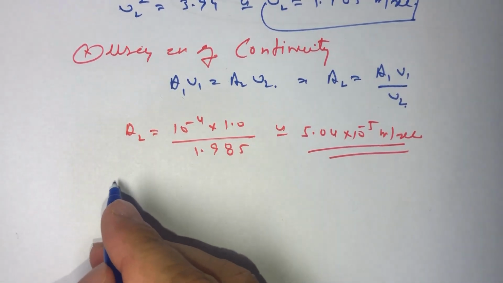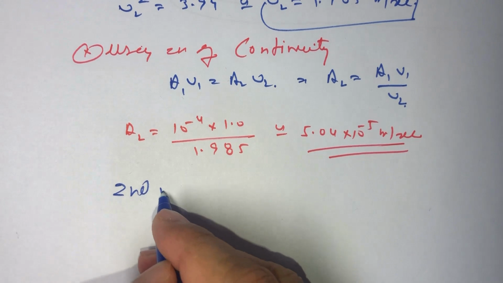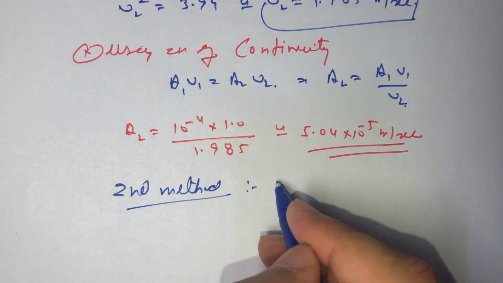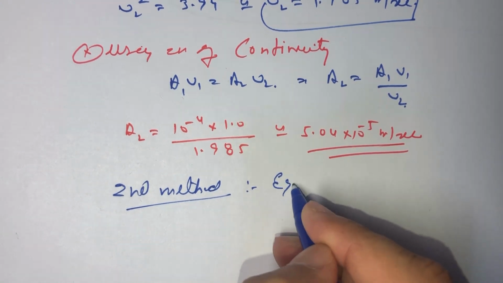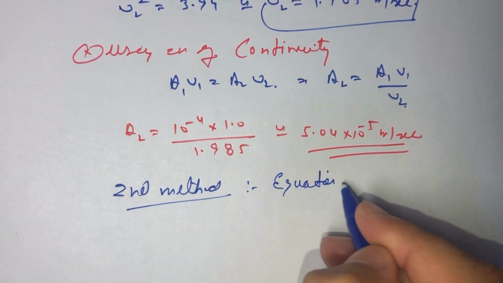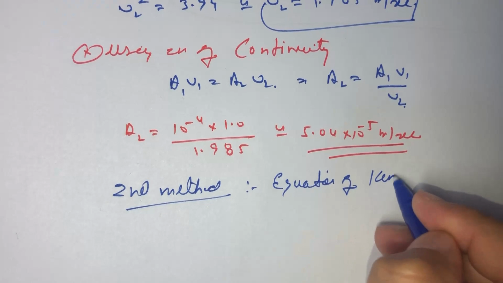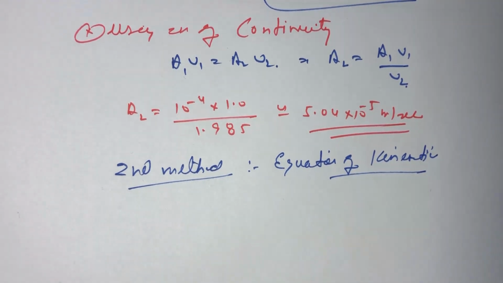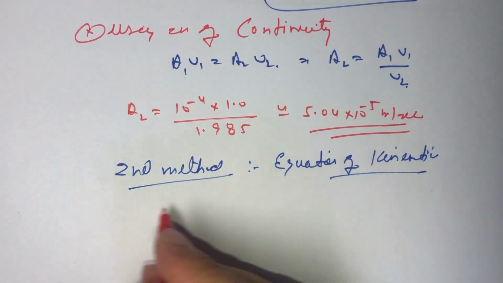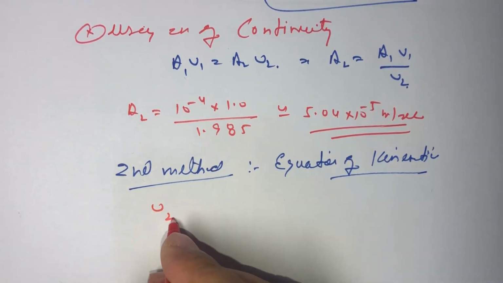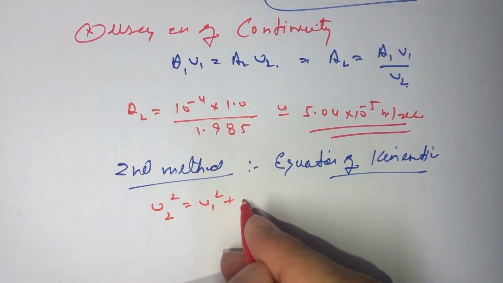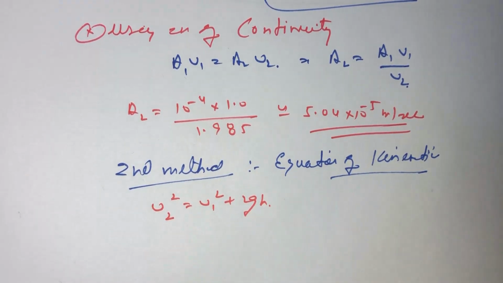So let us suppose this is our second method. Equation of kinematics, which states that velocity at point 2 whole square is equal to v1 square plus 2gh.